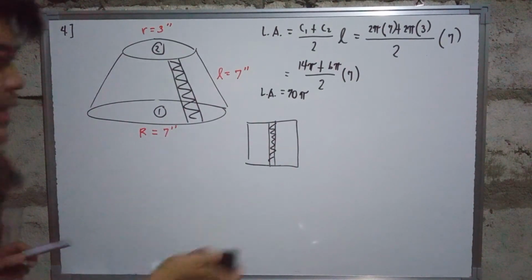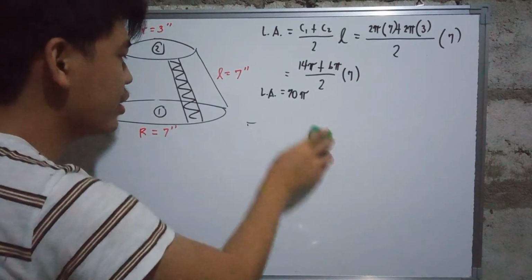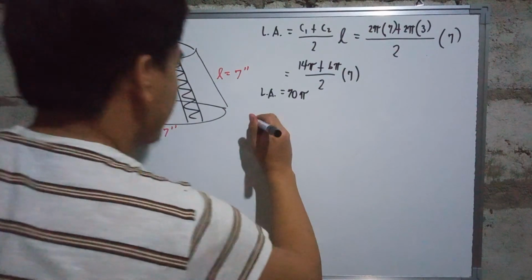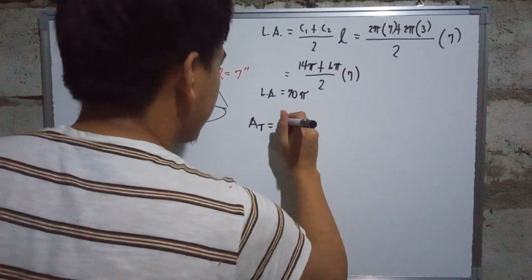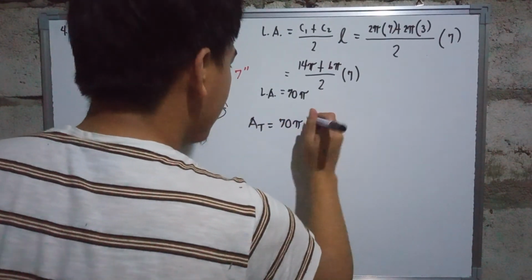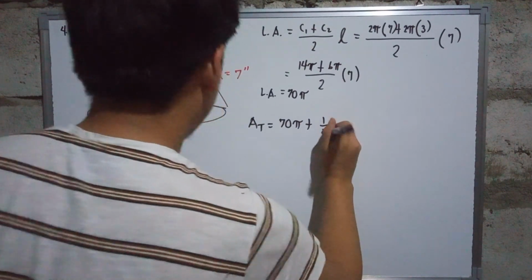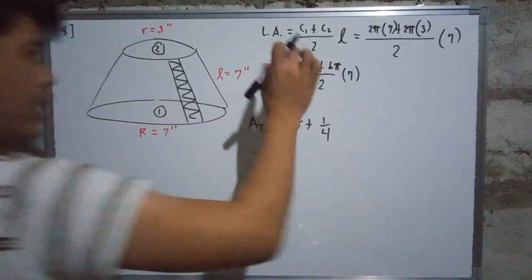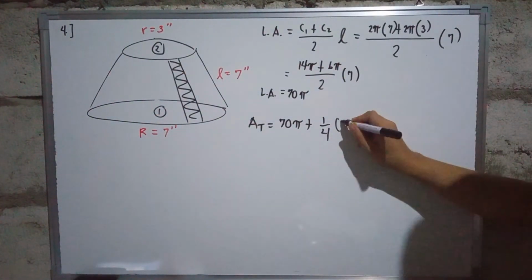So, meron siyang seam. So, yung seam daw niya is yung 1/4. So, yung mangyayari is the total area will now equal to 70 pi plus yung 1/4 daw nung 7.